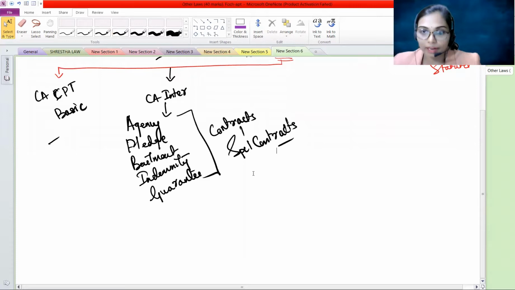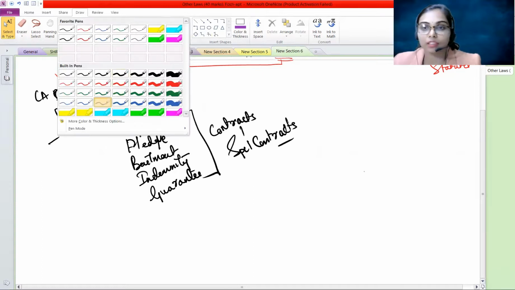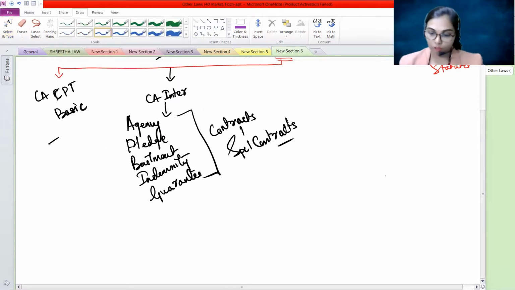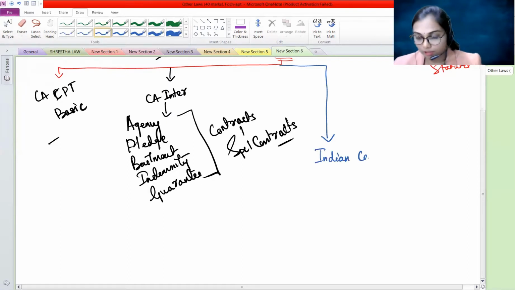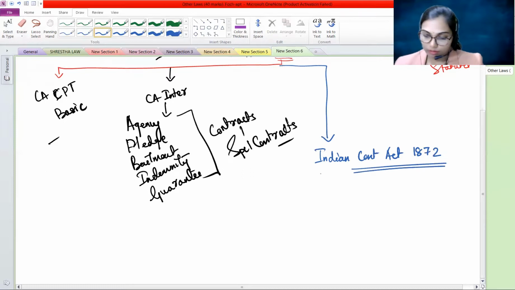Now let's understand how and when this Indian Contract Act was made and what different things are involved in it. We are now reading the Indian Contract Act, 1872. This Act had many sections.